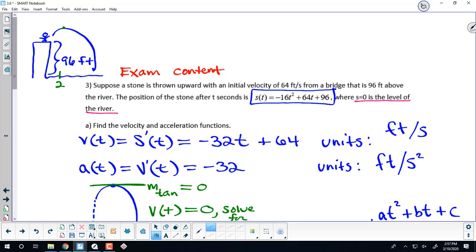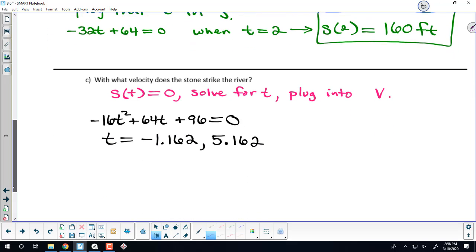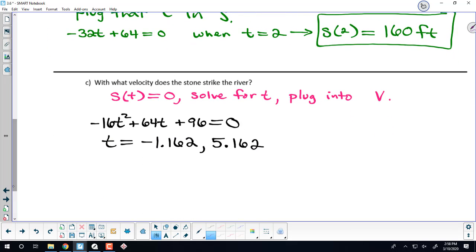But negative 1.162 would be before the time value of 0 here. So what's happening at that time value? Don't know, you can't go back in time, so negative time values typically, in most straightforward physics applications, don't make sense. Unless it's specified, hey, this event started at negative 12 seconds, then it would make sense.